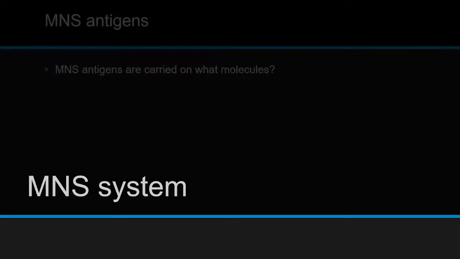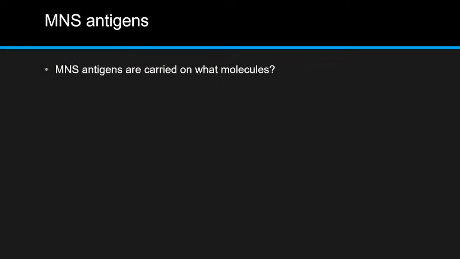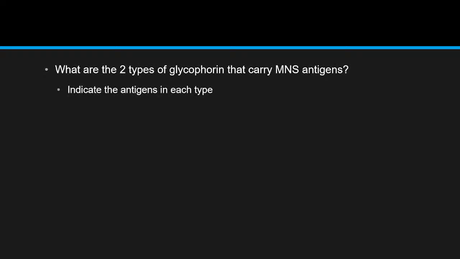Okay? So the MNS system is another one that is important in your exams because this one is inactivated by enzymes. All right? So they are carried on glycophorin molecules of the RBCs. There are two types of glycophorins in the human body.